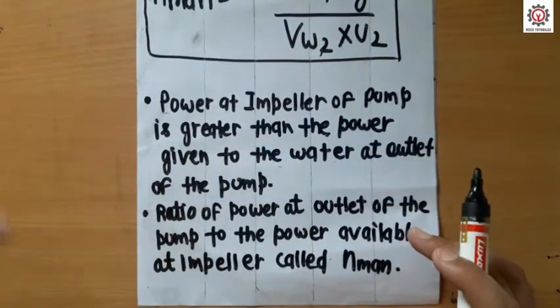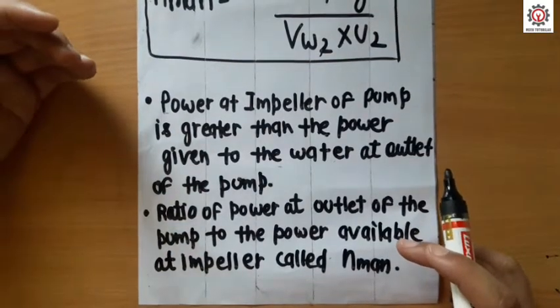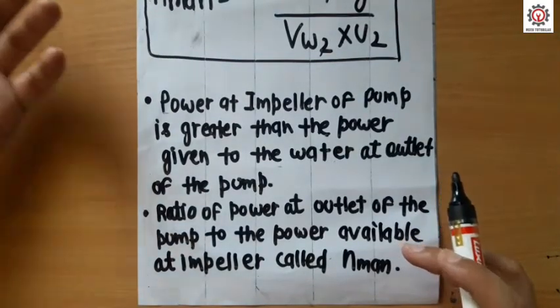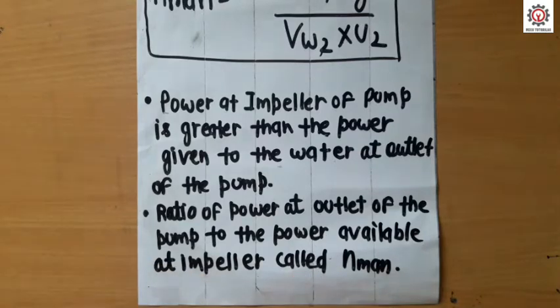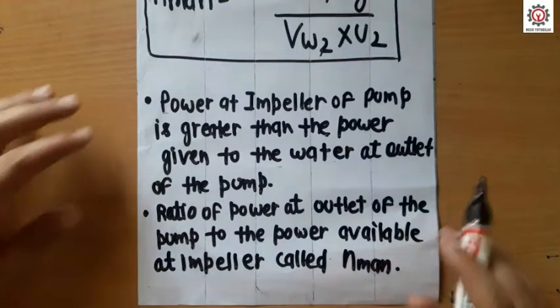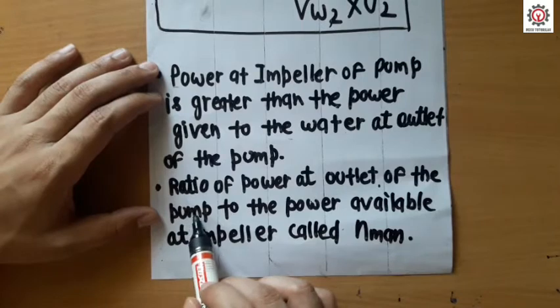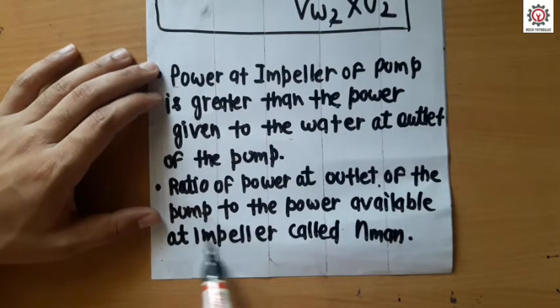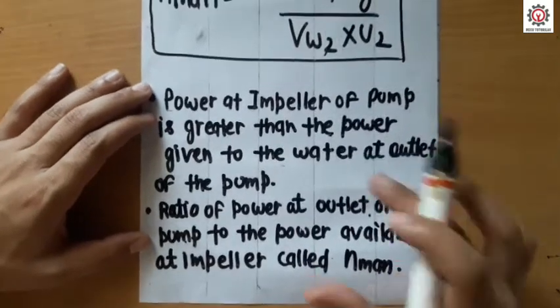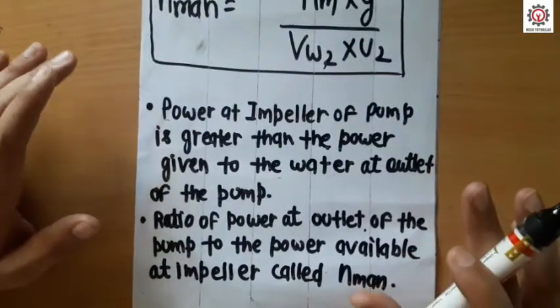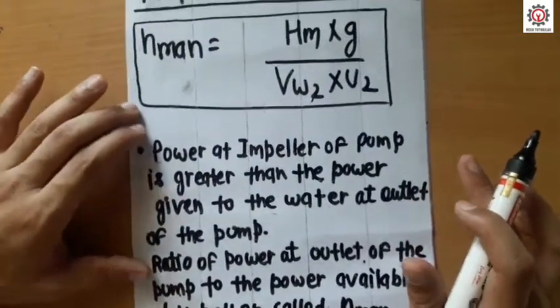Obviously, the power at the impeller will always be greater than the power given to the water, because losses take place after the power transmission from impeller to the water. So the ratio of the power at outlet of the pump to the power available at the impeller is called manometric efficiency. This is the simplest definition of manometric efficiency.